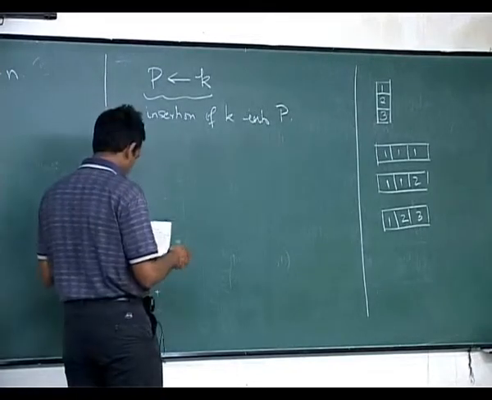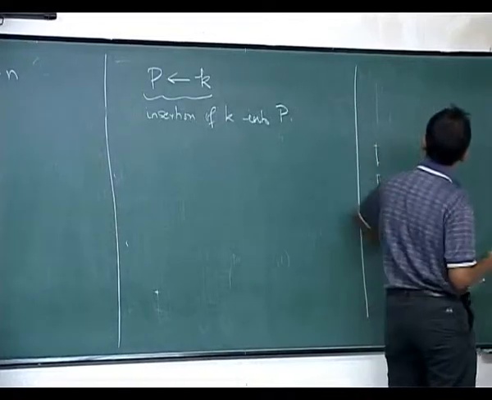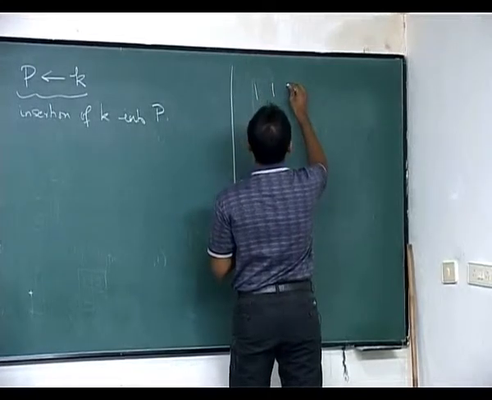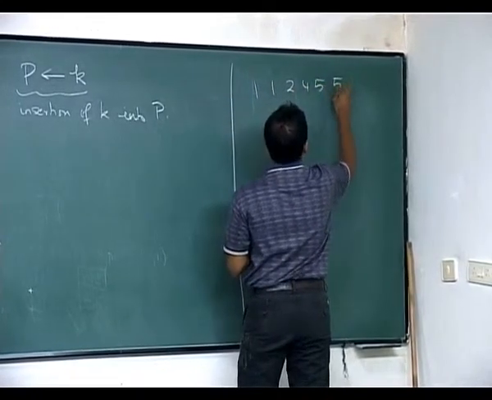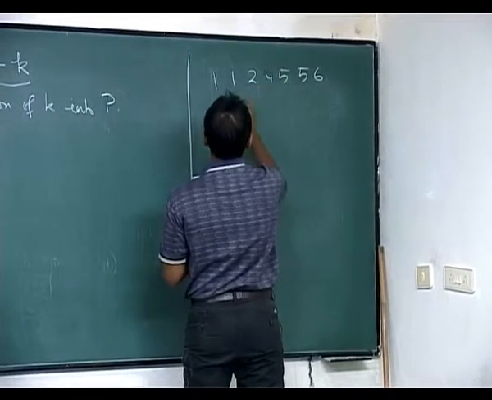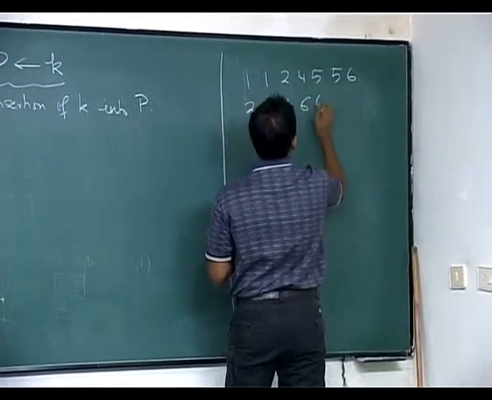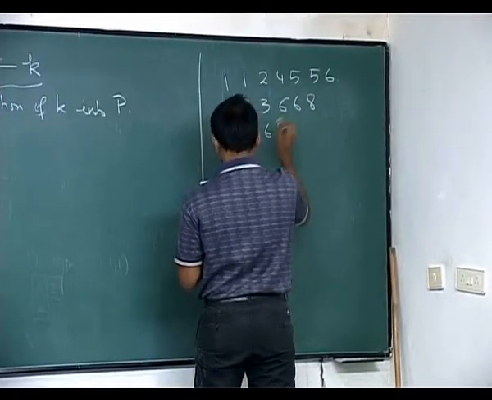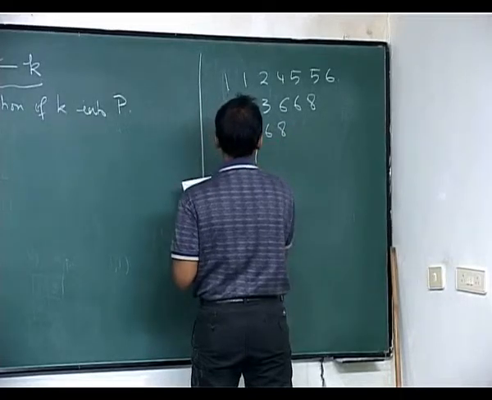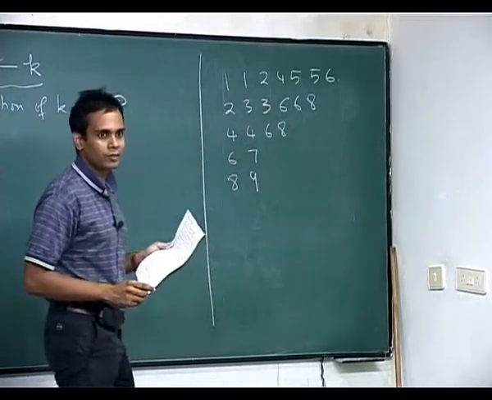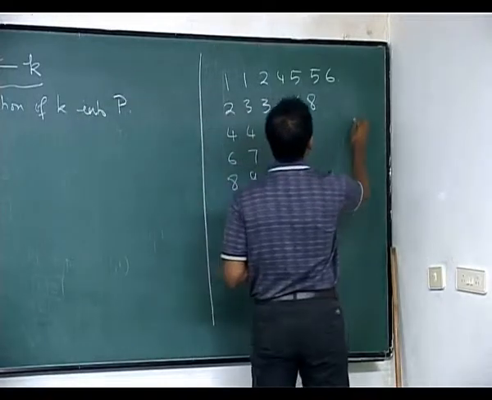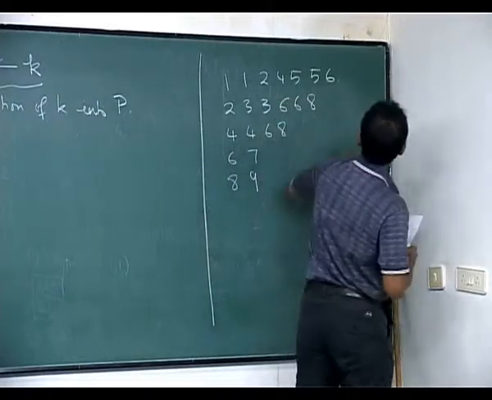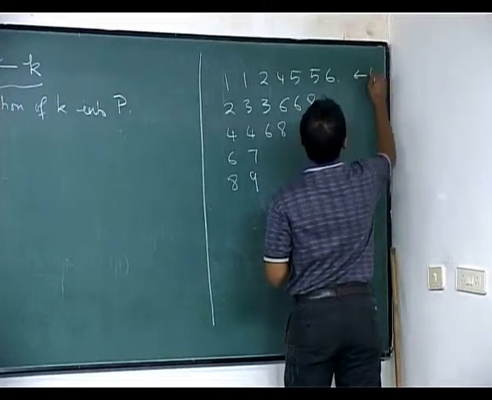How do you do it? Maybe I should do an example. Here is a semi-standard Young tableau of whatever shape and type, and I want to insert into it the number 4. Usually it is convenient to write it up here, the 4, you will see why.